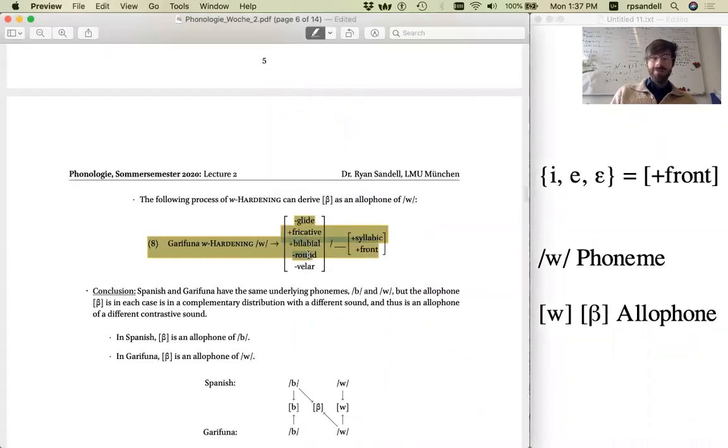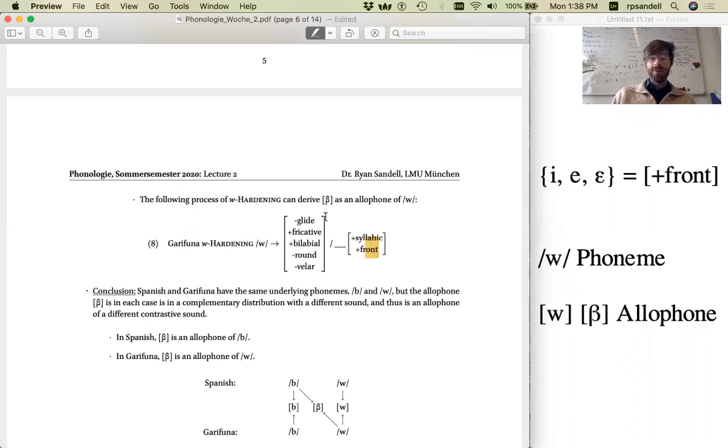So a lot of features have to be changed here, starting from an underlying wa in order to transform that wa into a bilabial fricative. It's no longer velar, it's no longer round. That changes from simple labial to bilabial, and it's going to be a fricative, and it's no longer going to be a glide.